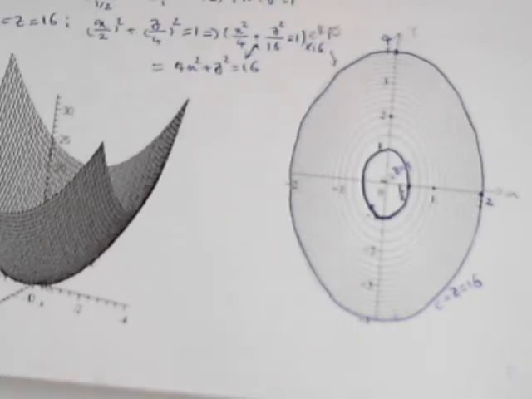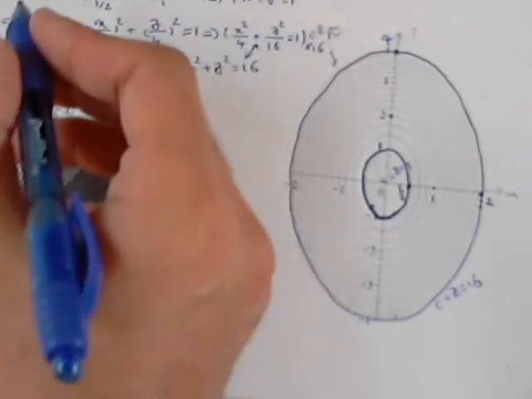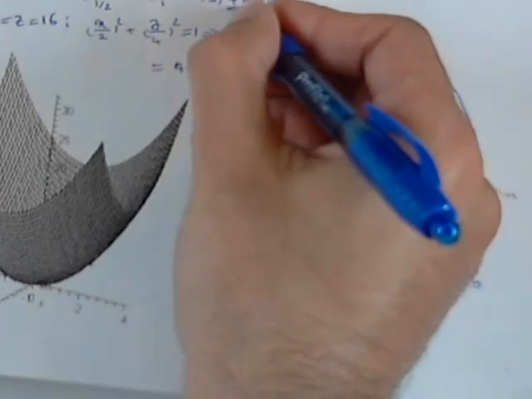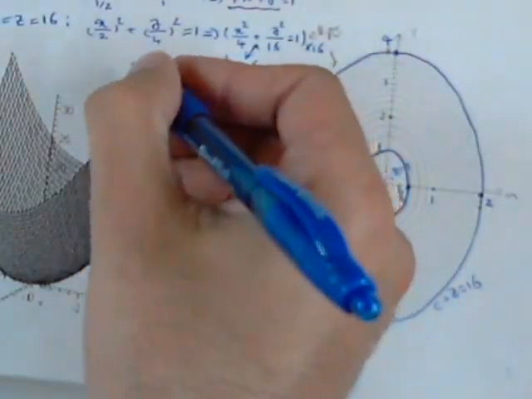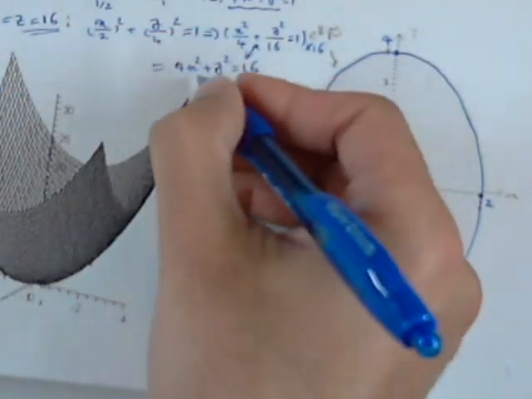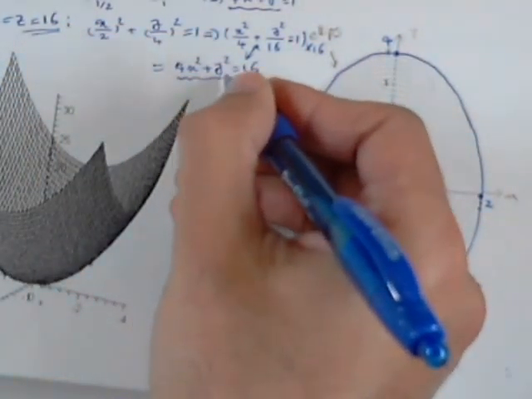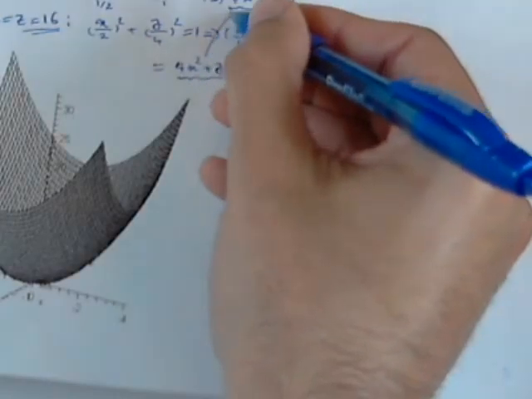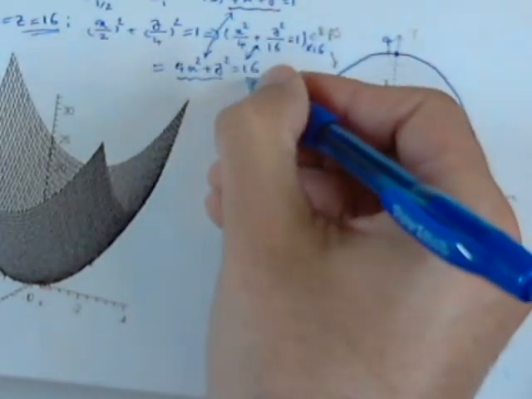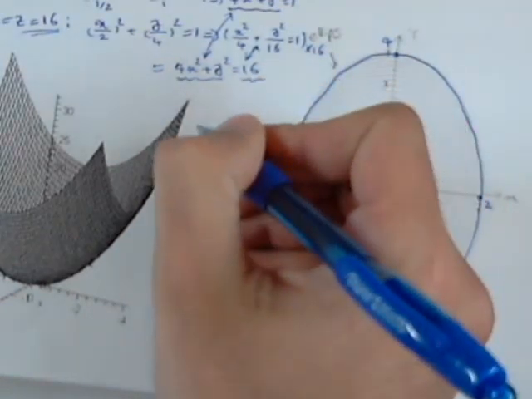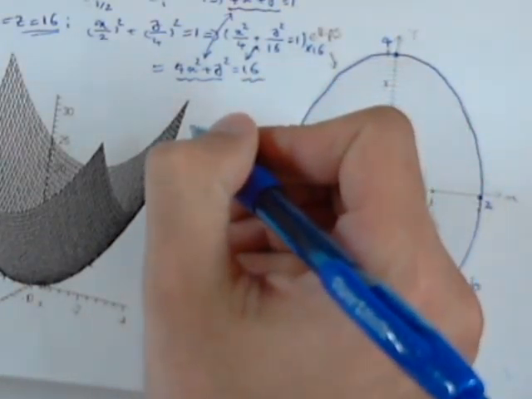As I said, you need to look for a trend. So when z was 1, I had 4x squared plus y squared is 1. And when z is 16, I had 4x squared plus y squared, the same terms as the previous one. However, on the right side, instead of 1, I have 16. Do you see the trend?